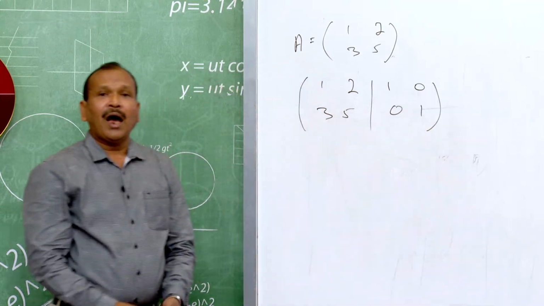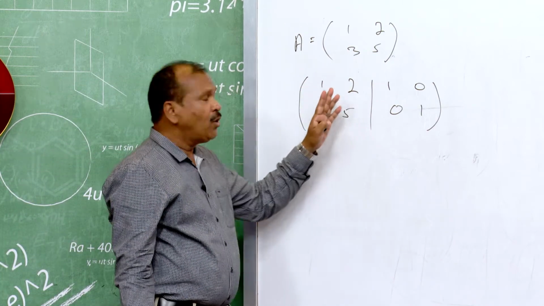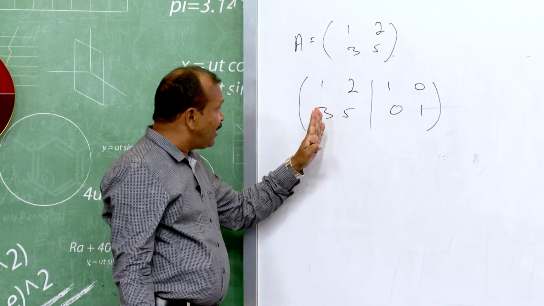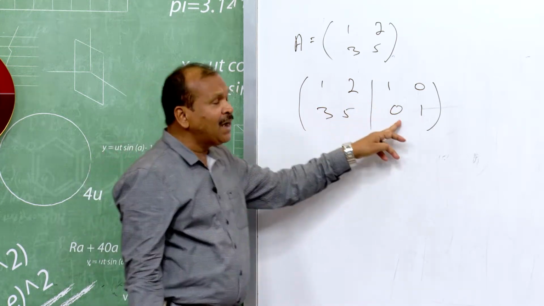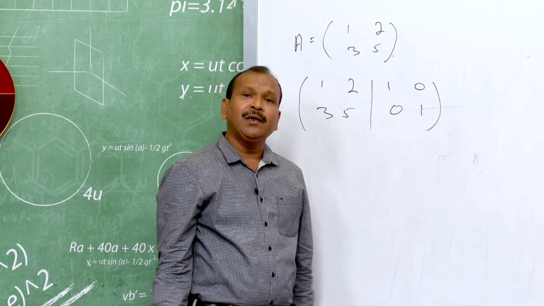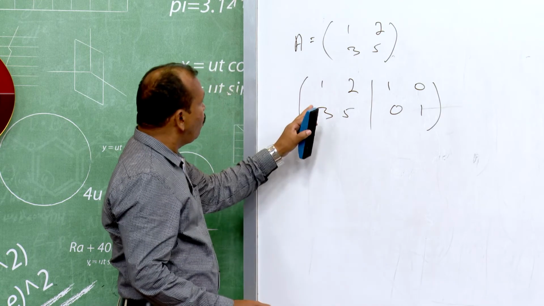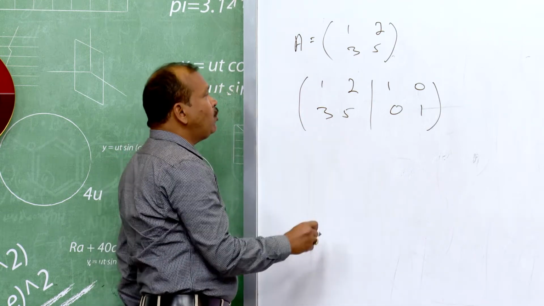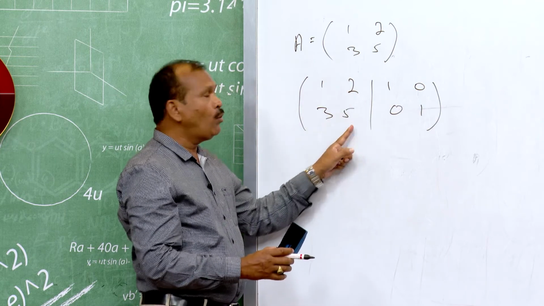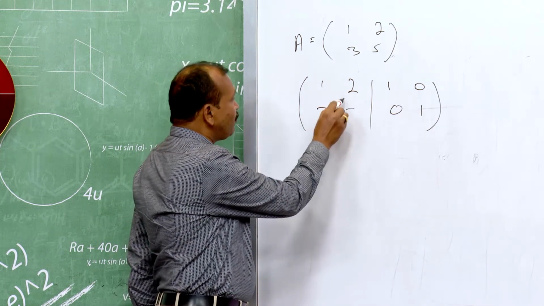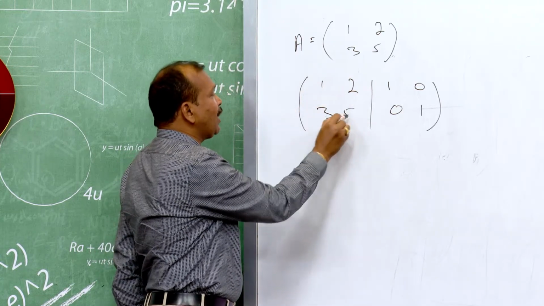Now, applying row operations, our aim is to convert the left side matrix to the unit matrix, then automatically the right side matrix becomes the inverse of that matrix.